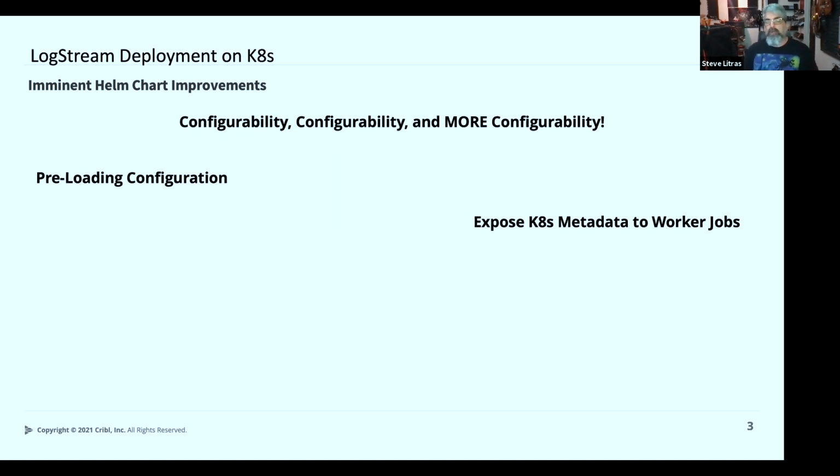Exposing Kubernetes metadata to worker jobs is great. I've got an example where I've been playing with different ways to get Kubernetes log and metric data into LogStream. One of those is actually using the Splunk Universal Forwarder. And I use this exposing K8s metadata to enrich that data coming in with the pod name that the log is coming from, the node name, the cluster name.